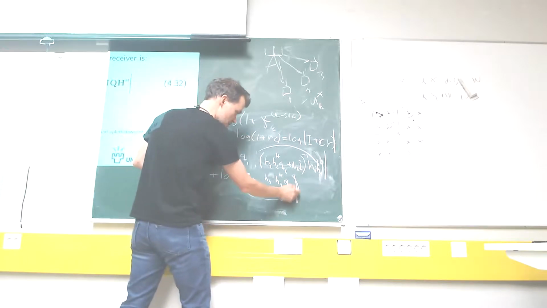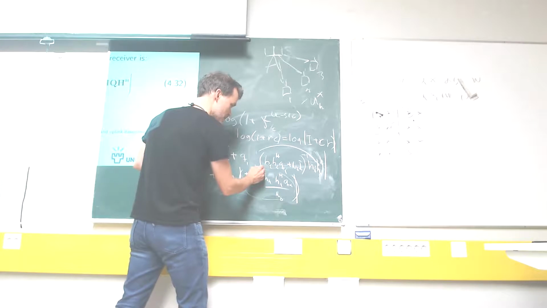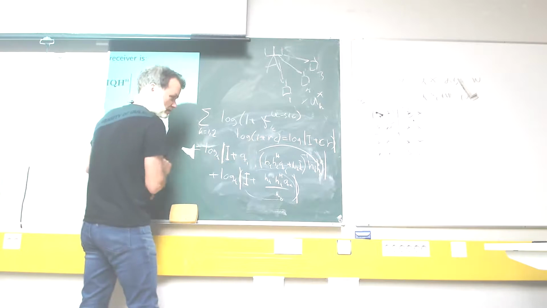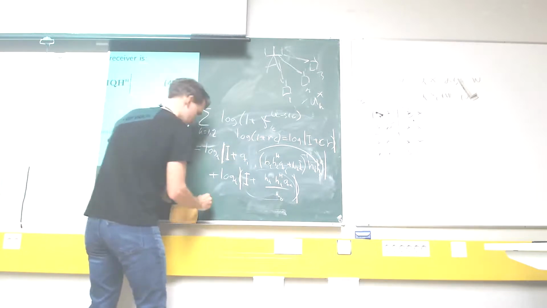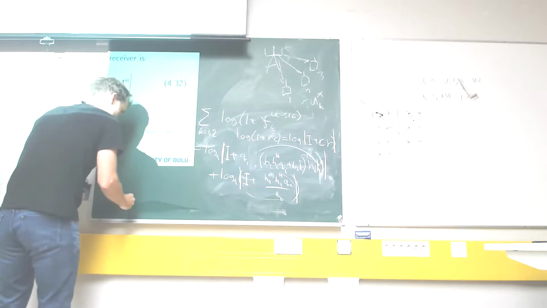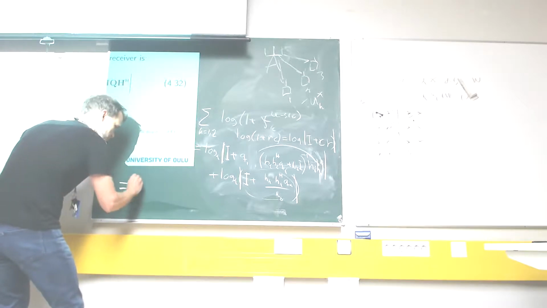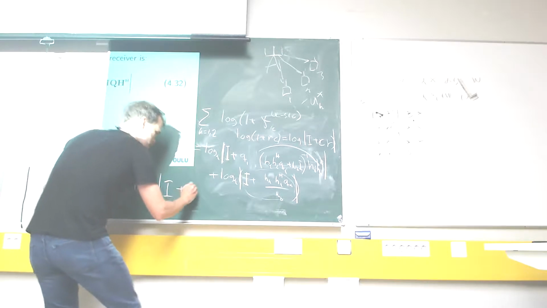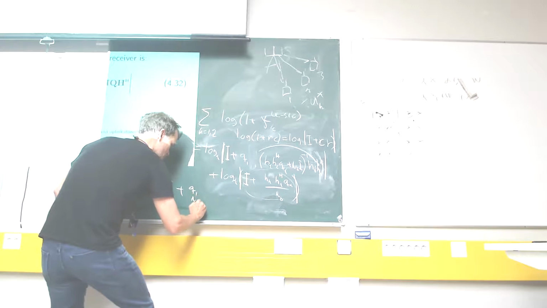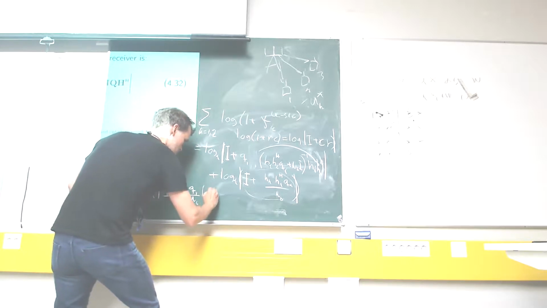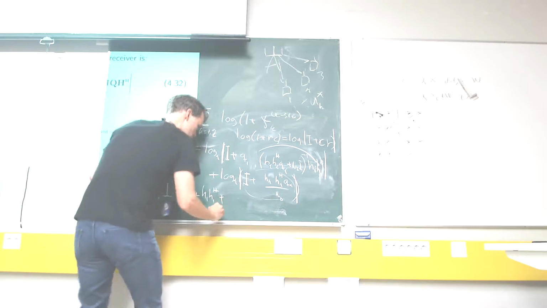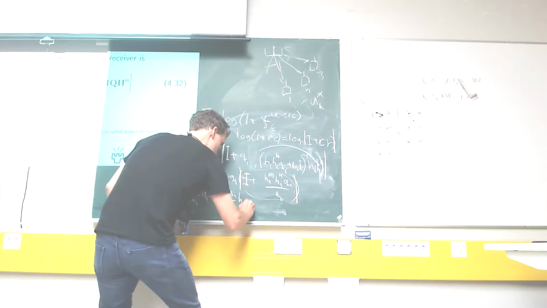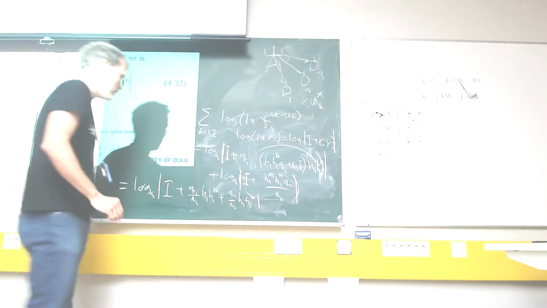And then this one, when you multiply with this matrix from the left, you get log 2 of the determinant of I plus Q1 over N0 H1 Hermitian plus Q2 over N0 H2 Hermitian, right?